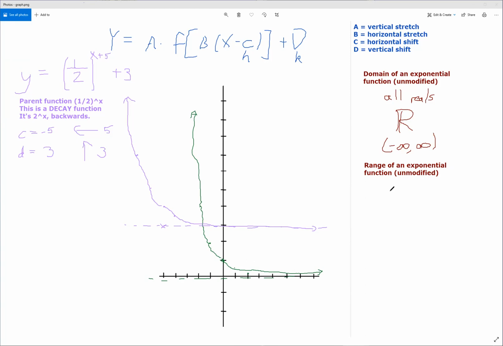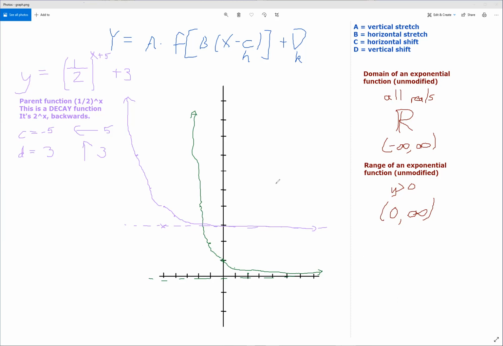So this is all positive numbers, or we could say y is greater than 0. The more proper way, usually, is to write 0 to infinity, and we're going to write this with a parenthesis because we don't want to include 0. Infinity is always written with a parenthesis, but if we had written a bracket for 0, that would have meant including 0, which we don't want.